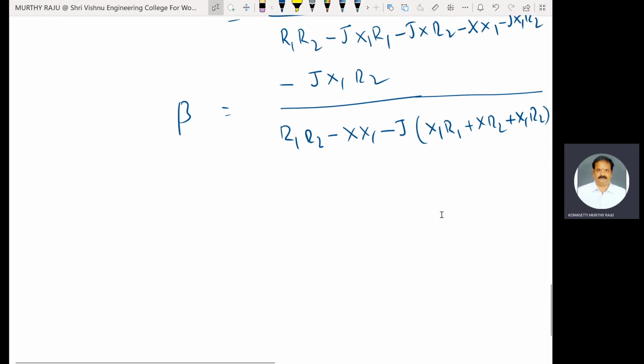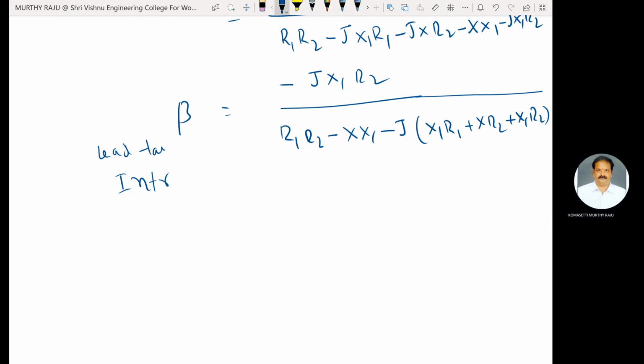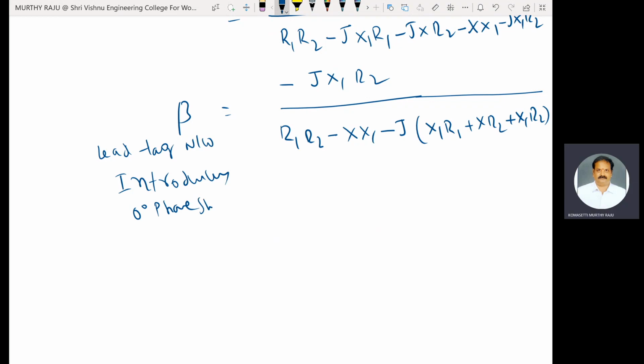Generally, beta is the feedback factor. The lead lag network introduces 0 degrees phase shift. Introducing 0 degrees phase shift means the quotient of the J term is 0.